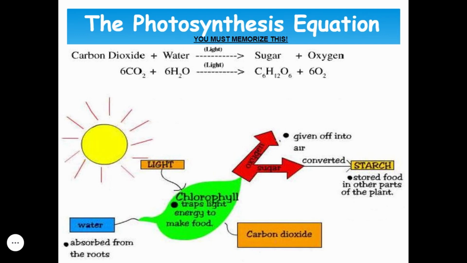So it yields C6H12O6 plus 6 molecules of O2, or oxygen. Okay, so both of those you need to memorize. A good way to memorize them is to practice writing them over and over and over again on paper.